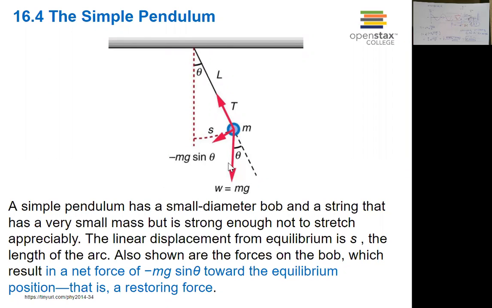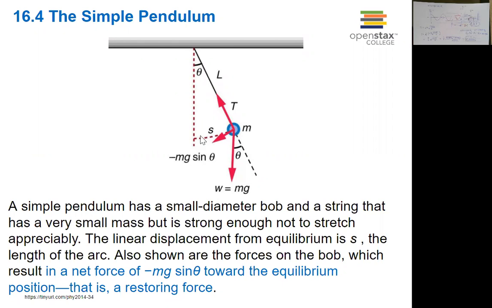You can resolve the weight into the direction along the string and the direction perpendicular to it. In this direction, the component of weight will cancel out the tension. Then this will be the remaining component, that will be the net force on this guy.